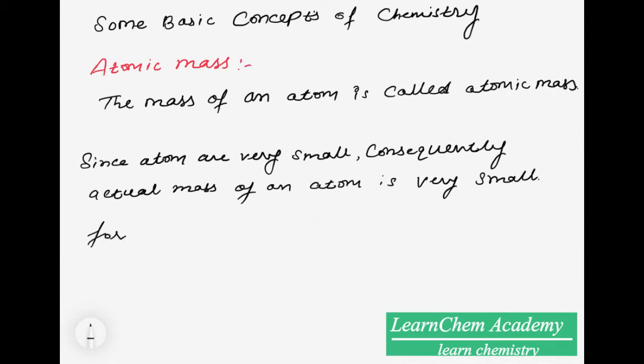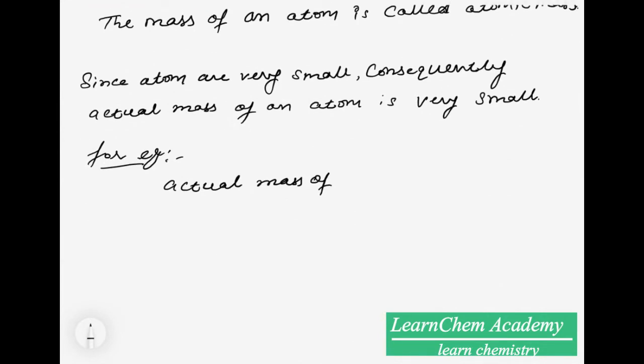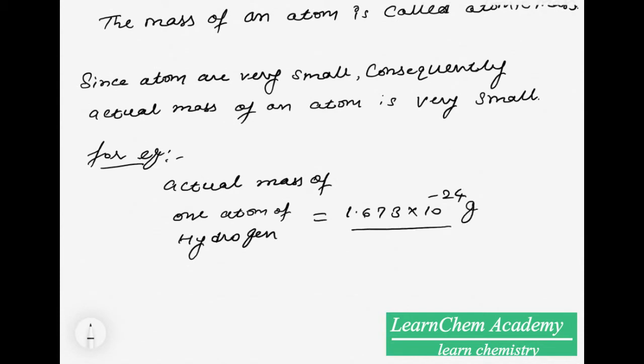For example, the actual mass of one atom of hydrogen is 1.673 into 10 raised to power minus 24 gram. So this is a very small mass.